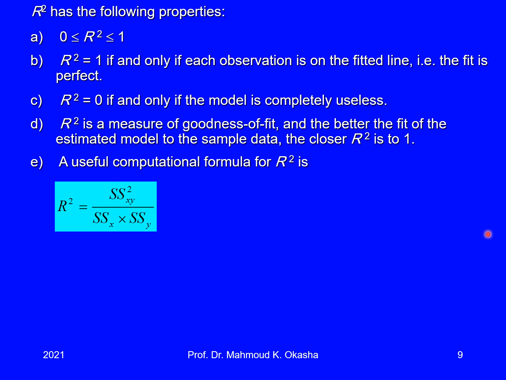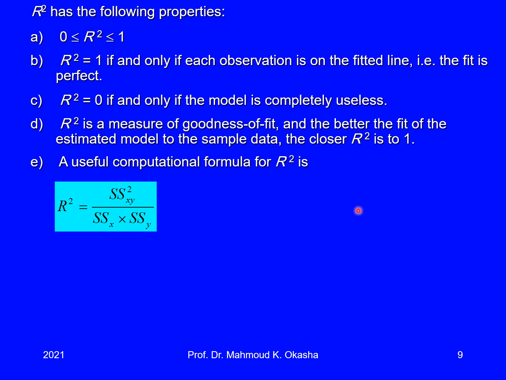Another point is that a useful computational formula for r squared is like that. We can calculate it like that. So we have the square of SSxy divided by SSx multiplied by SSy. We did not mention the SSy.